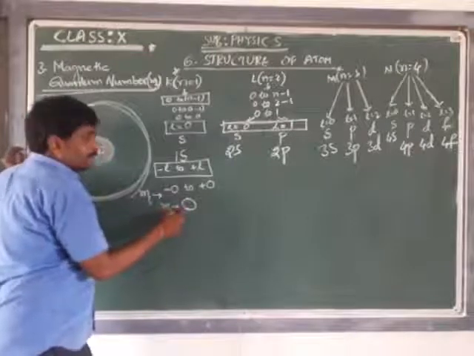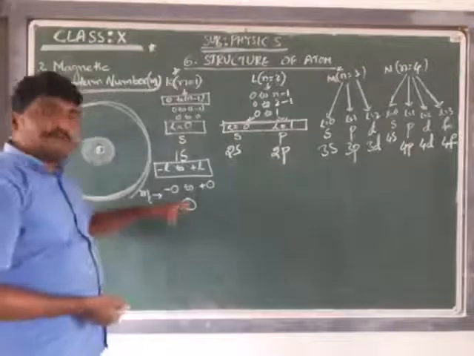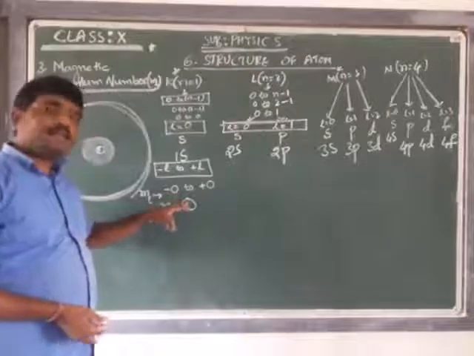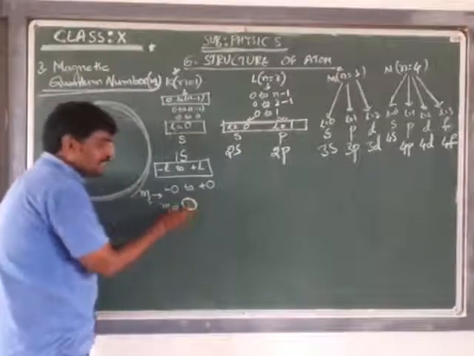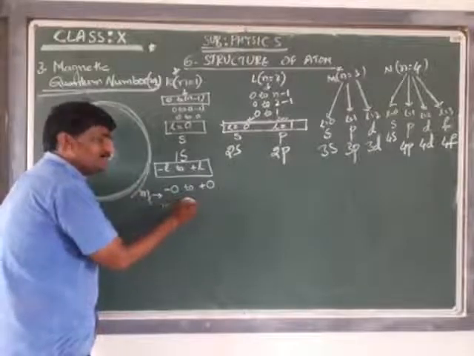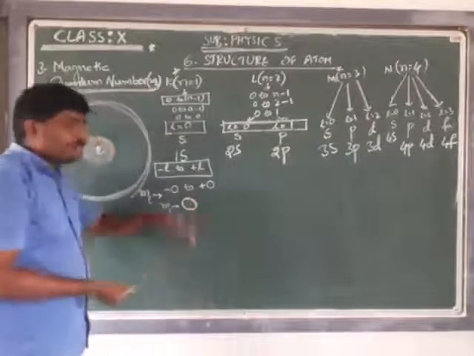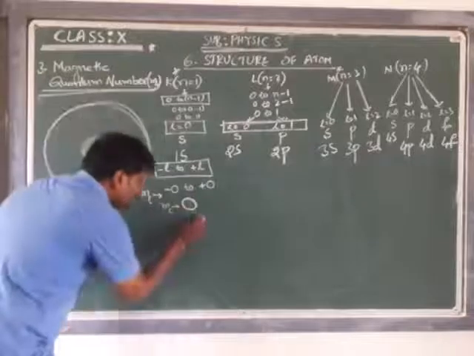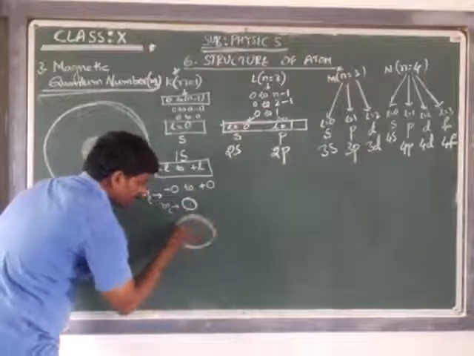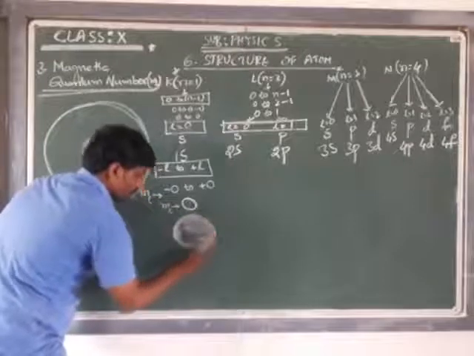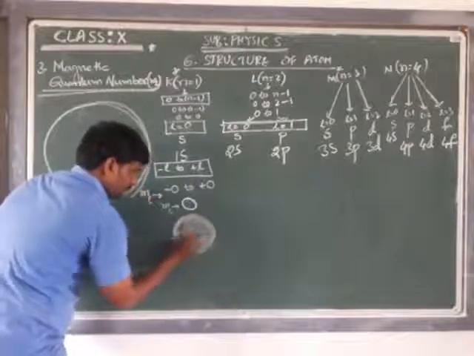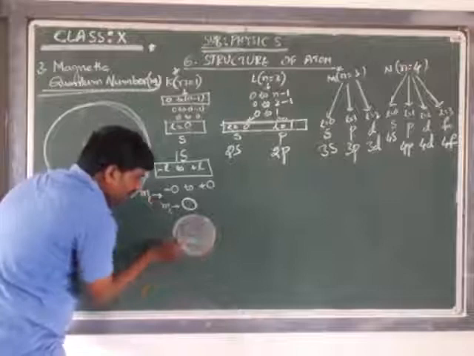ML is 0. What is this ML? The orientation reference. How does it get oriented? The orientation reference is 0. The ML value is 0. How will this orientation be? In the form of a sphere. That means it will be in the shape of a sphere.